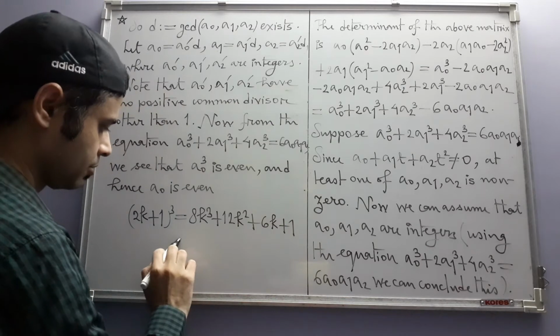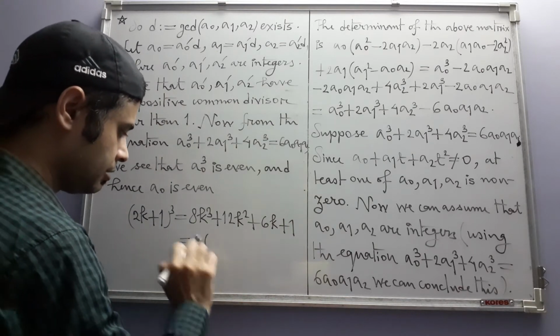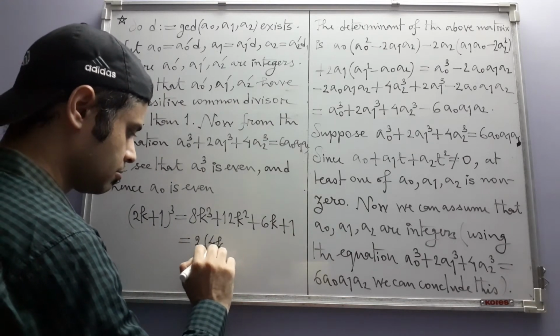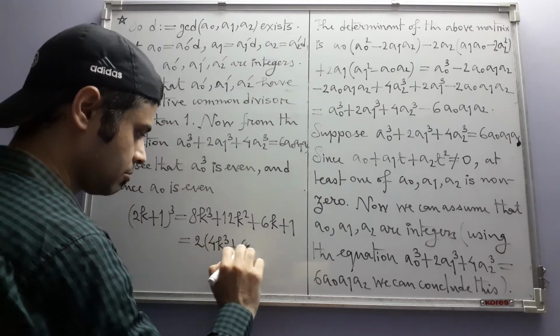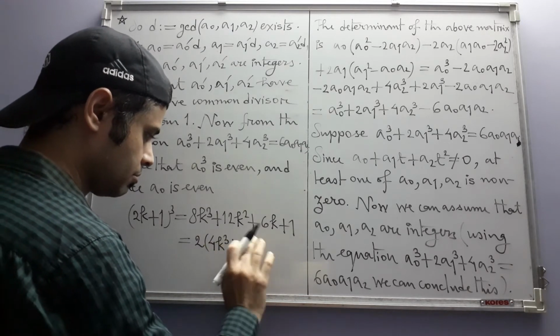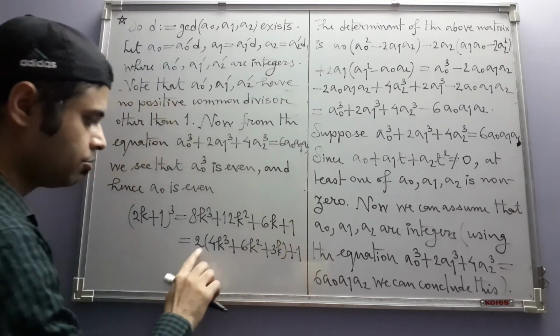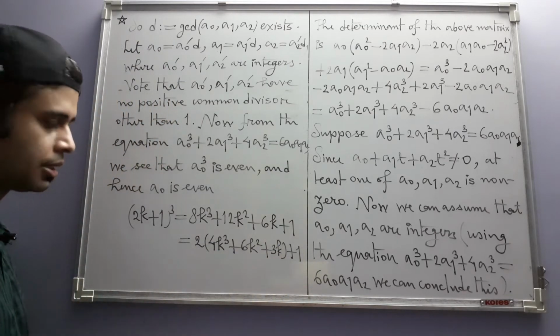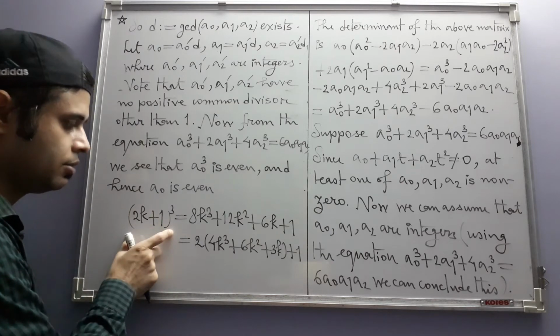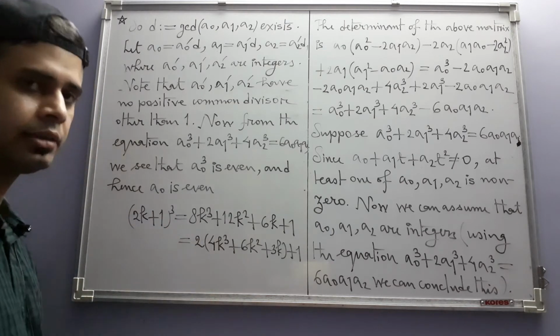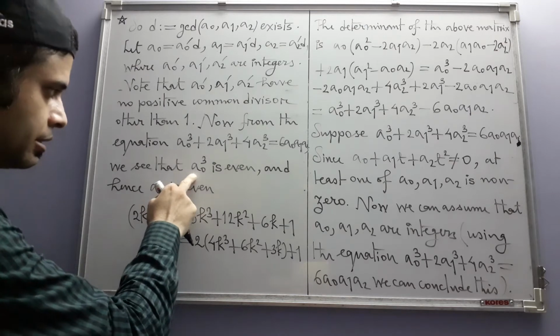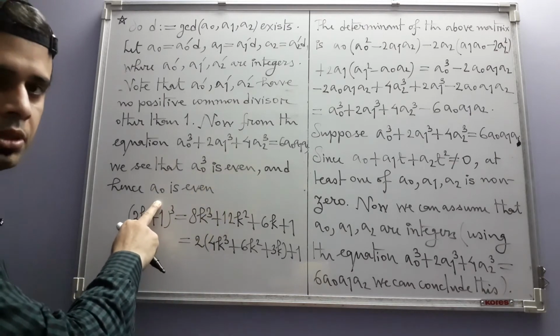So you see that this is 2 times (4k cube plus 6k square plus 3k) plus 1, 2 times some integer plus 1. So taking the cube of an odd integer, you again get an odd integer. So because this cube is even, a0 must be even.